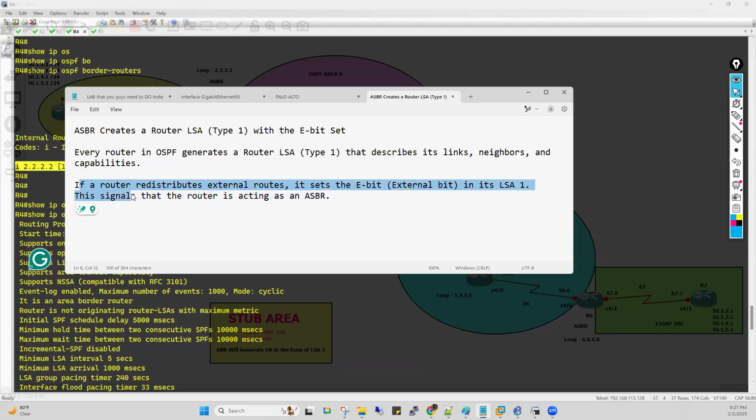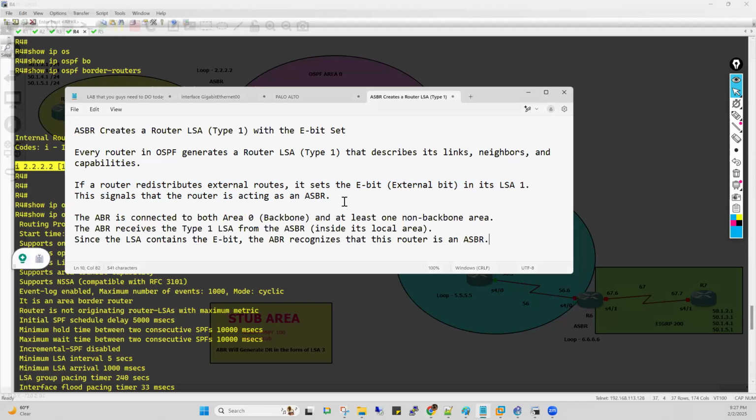This signals that the router is acting as an ASBR. Do you understand these 3 lines? Yes or no? Otherwise, I will share a couple more things.